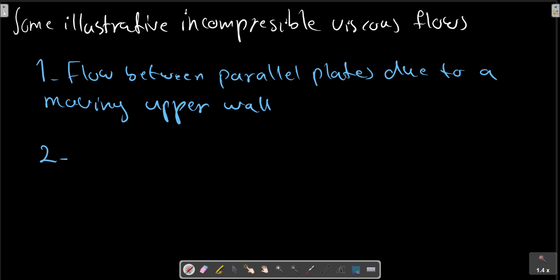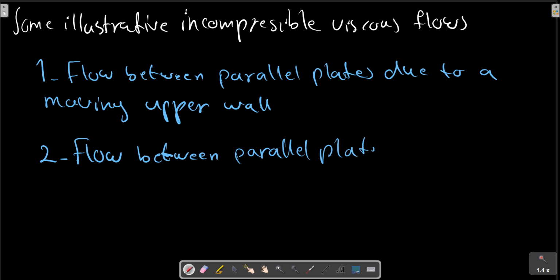Two, flow between parallel plates due to the pressure gradients.